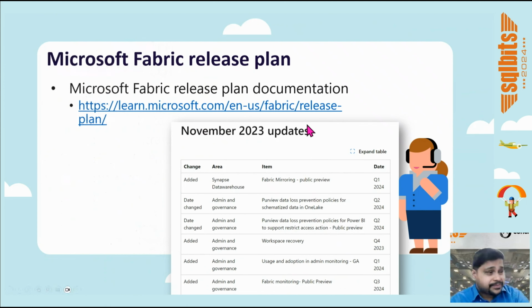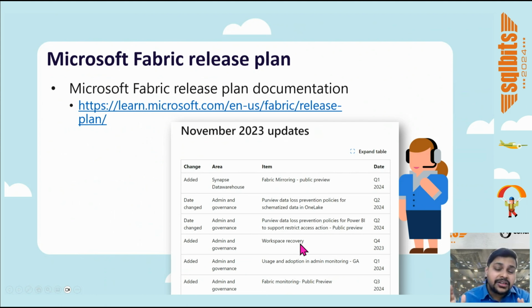Now, again, I added this slide just for your understanding, so that you can see the release plan for Fabric as a tool. If your organization needs, let's say, recovery, then without recovery of that specific component, you cannot go to production.